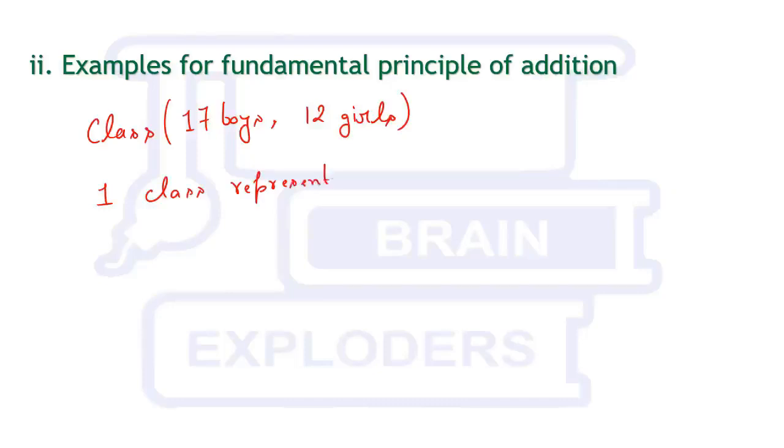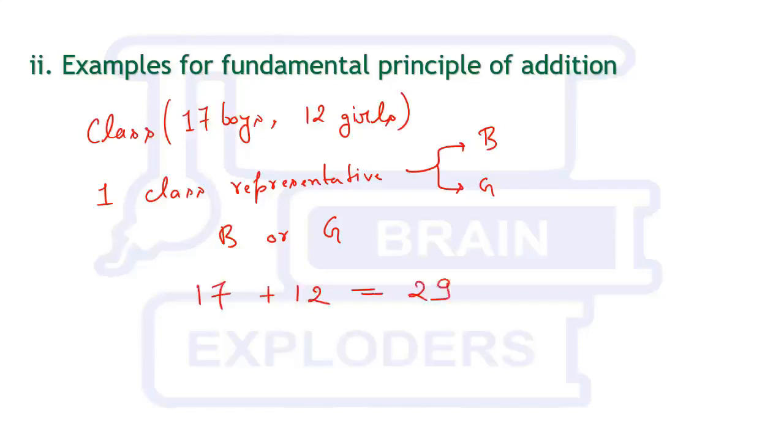So what can we do? We can choose either a boy or a girl. In such a case we will use addition. So in total there are 17 boys and 12 girls, which means we have 29 ways to select a class representative.